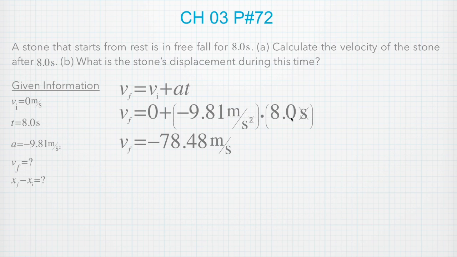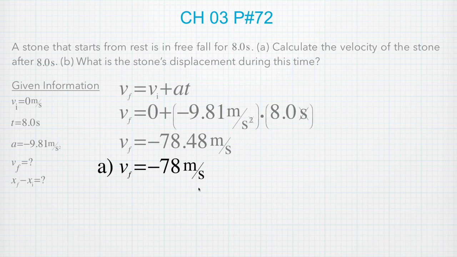Our answer cannot be more precise than our least precise input information. So 7 will be my first significant figure. 8 will be my second, and I have to decide, am I rounding it up to 9 or am I keeping it? This is less than 5, so I'm going to keep the 8. And my final velocity is 78 meters per second for part A.